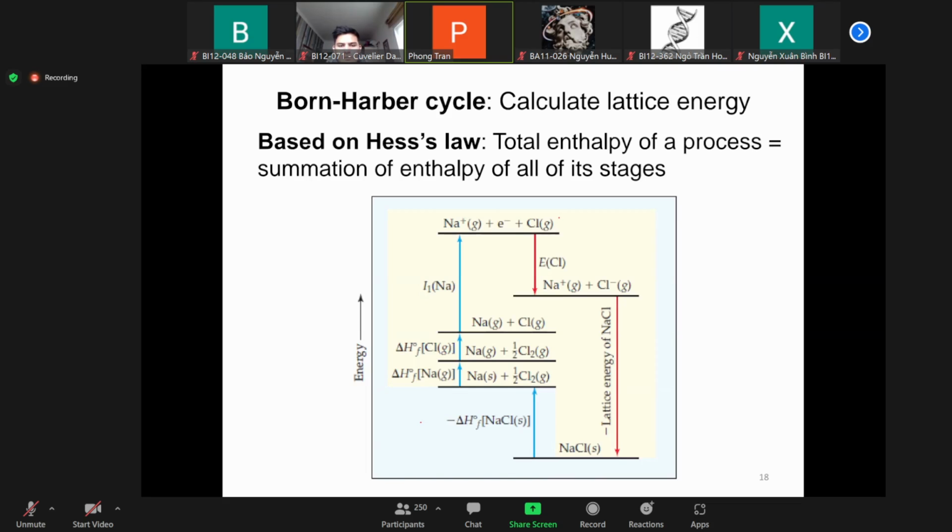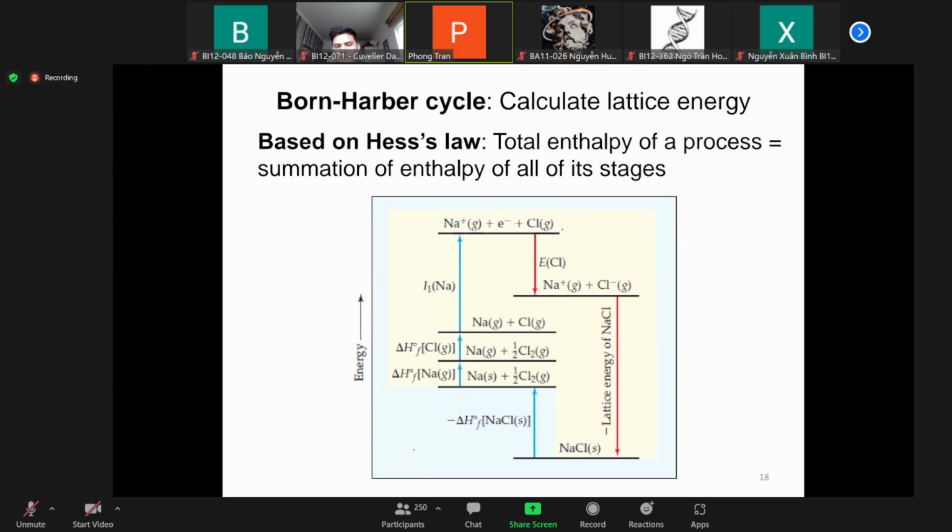So it means the lattice energy is the energy you need to put in to break 1 mole of sodium chloride solid to make sodium cation gas and chloride anion gas. So how can we calculate this?